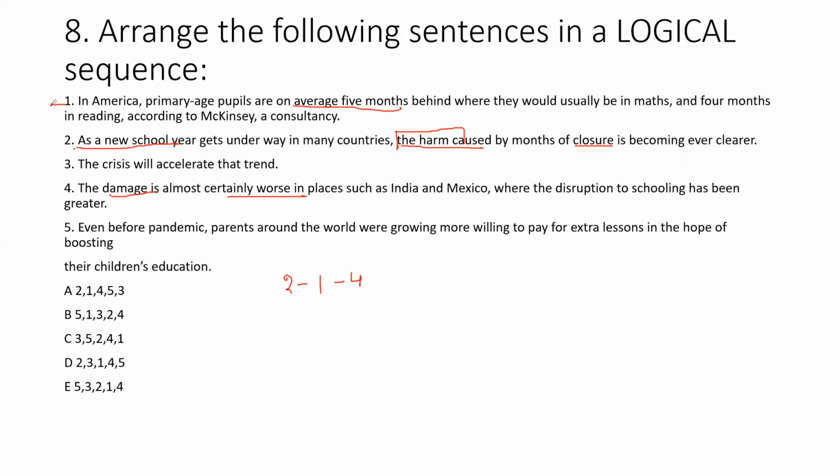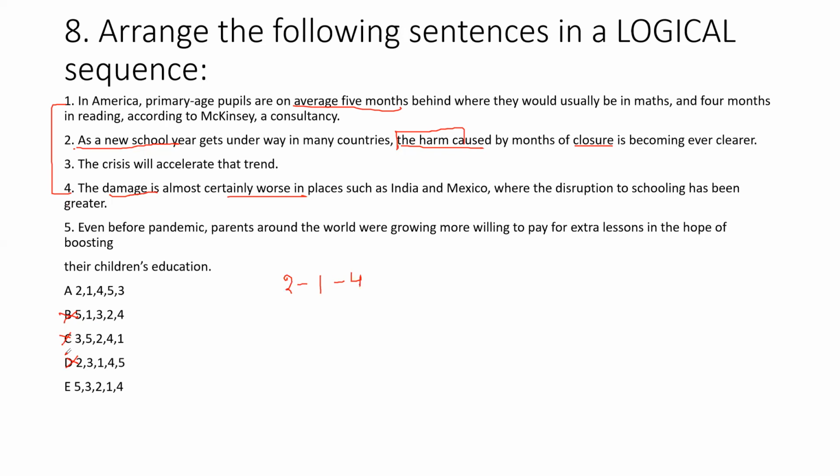So sentence 1 and 4 are a pair which are discussing the harm, which is discussed in sentence 2. So 2, 1, 4 is a sequence we are looking for. So option B, option C, option D can get eliminated quickly. Left with option A and E.